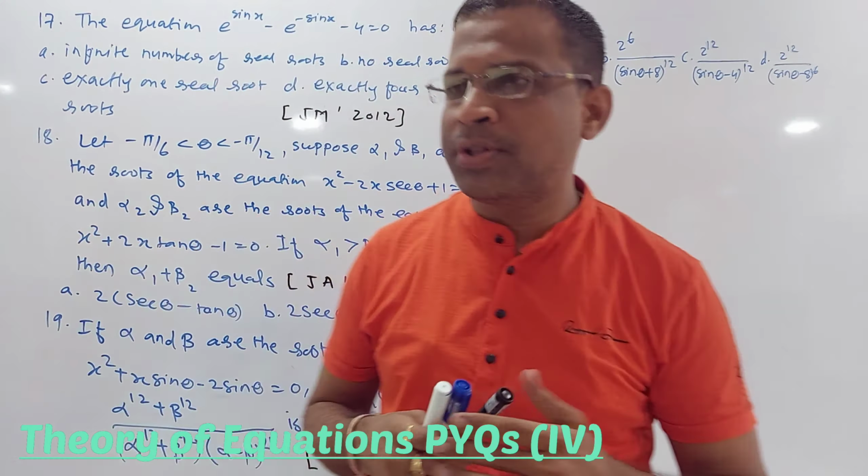And here fortunately we are getting just 2 roots, so both roots will be discarded, and my answer will be option B. No real roots. Don't say one real root. No real root, because sin x can never be greater than 1. That is a very, very important concept. I hope this is fine.